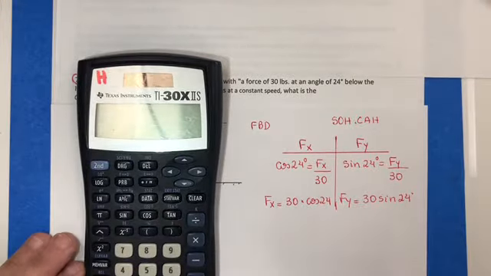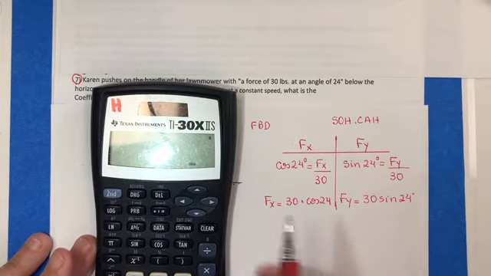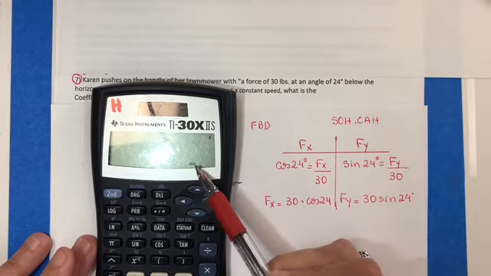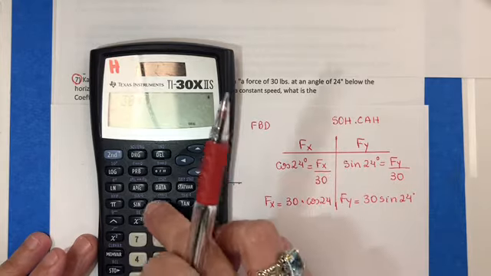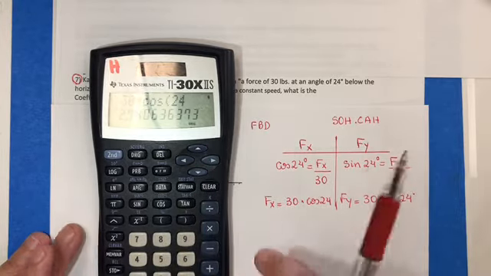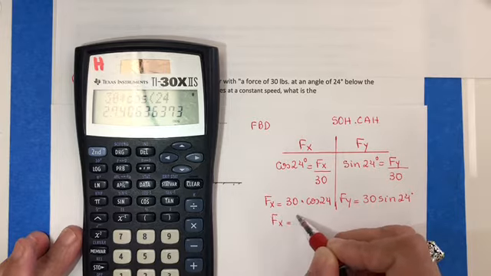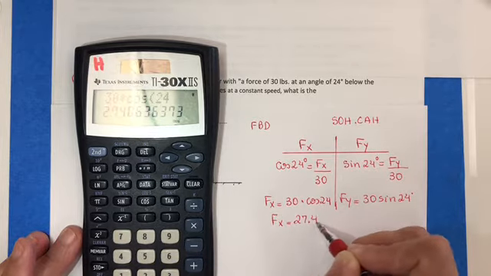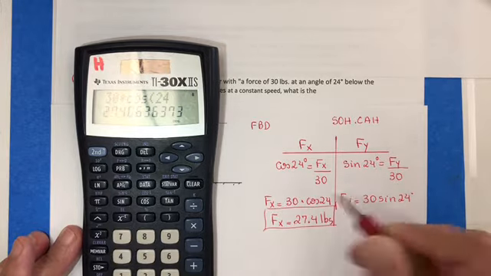So to calculate these values using this calculator, I just type as is showing. Make sure that you are on degrees. So 30 times cosine of 24 is 27.4 pounds, because that's the unit that we are working.